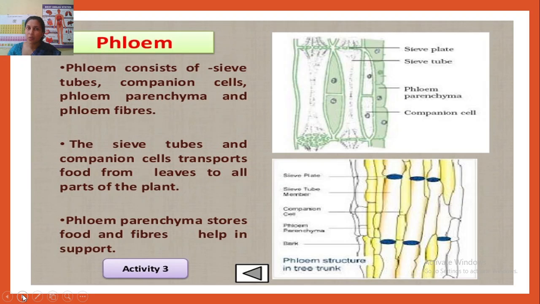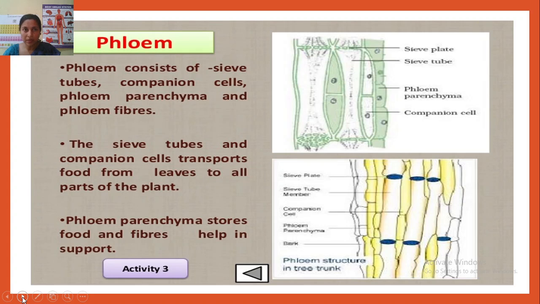Sieve tubes are going to be stacked one on another, and here the cross walls of the sieve tubes are going to be incompletely dissolved. So they are going to form a sieve plate.